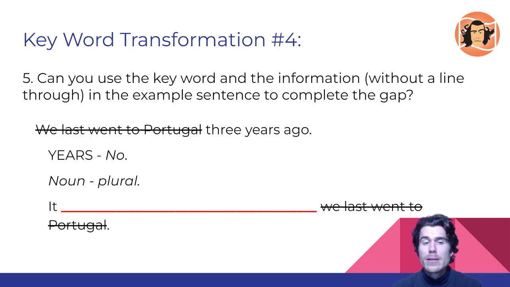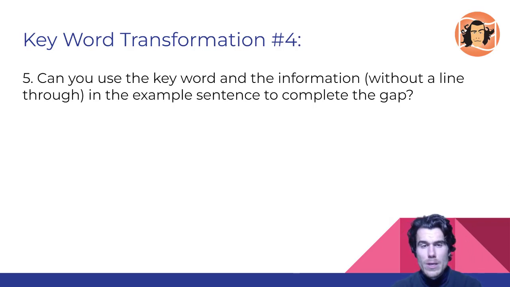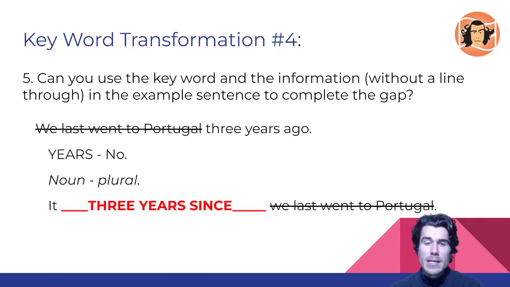And when you've done that, press play. Okay, so hopefully you've done that. And now we can have a look at what I've written in the gap. So I used the keyword years and 3 years ago to say 3 years since we last went to Portugal.